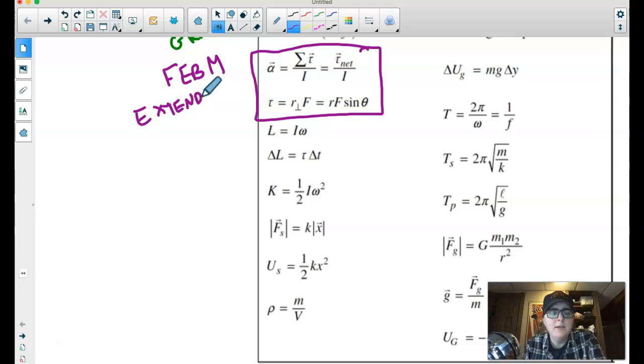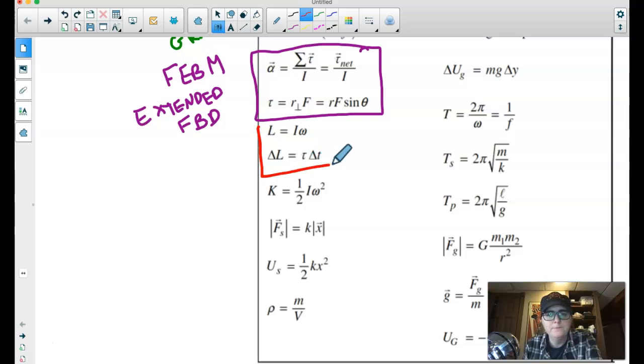And the big diagram that you need when you're using this model is the extended FBD. So where instead of shrinking the object down to a point, you keep its full length and you show where those forces are applied, not just that they're there.